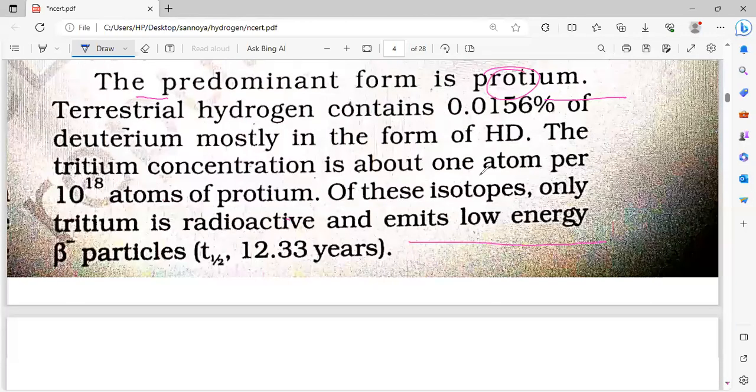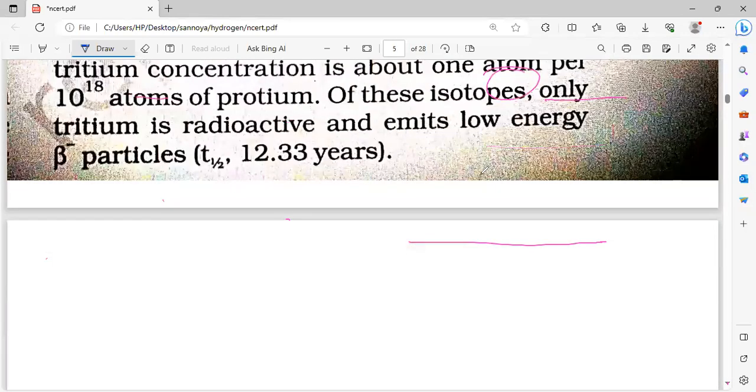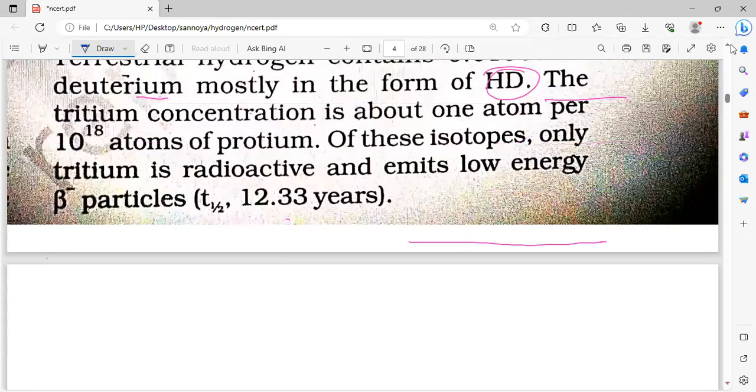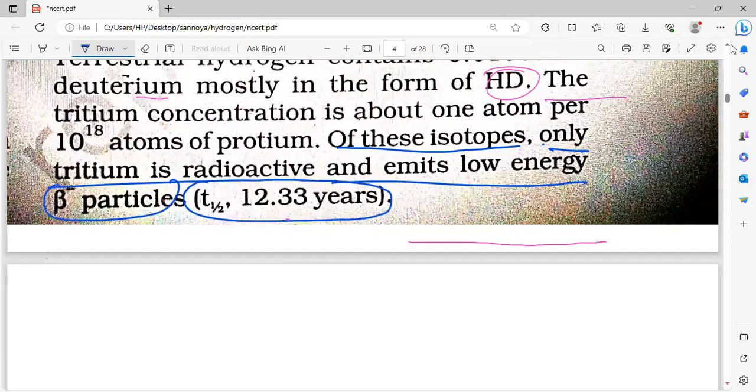Next one, what are we having? Lifetime of this one. See, yesterday something was mistaken. Here they are saying of these isotopes, only tritium is radioactive and emits low energy beta particles. Half-life is 12.33 years.